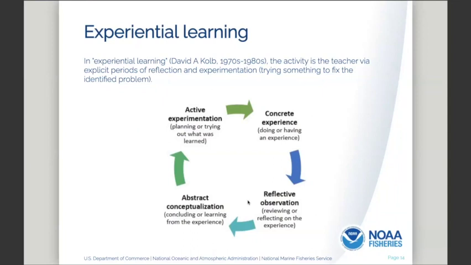But it's the idea that the activity itself is the teacher, that it is your exposure to the activity that is teaching you. But in order for this to work, you have to do this learning cycle. You can't just do the activity. Well, you could, but that doesn't lead to really rapid learning. So these are ideas of how you can accelerate learning.